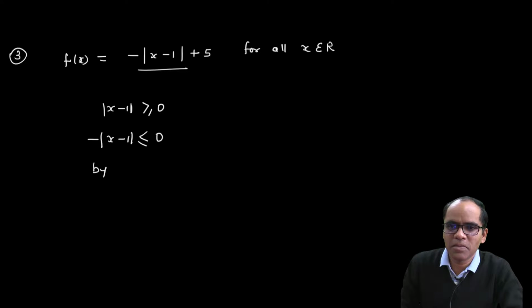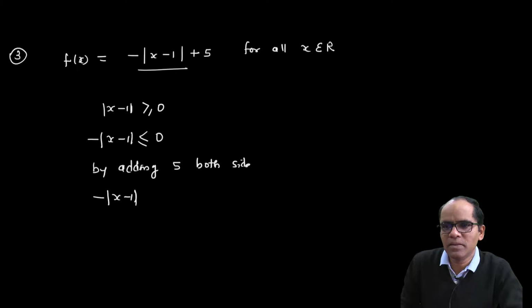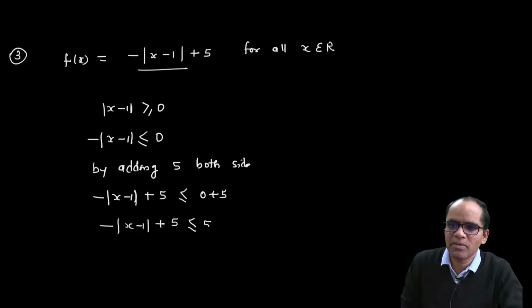So by adding 5 both sides, so minus mod x minus 1 plus 5 is less than or equal to 0 plus 5. So minus mod x minus 1 plus 5 is less than or equal to 5.